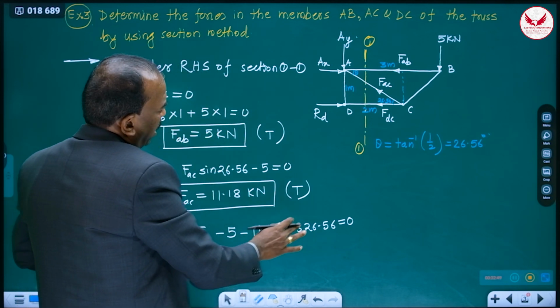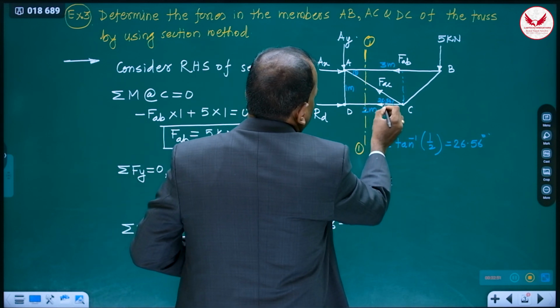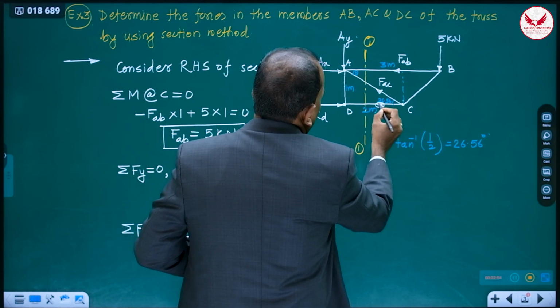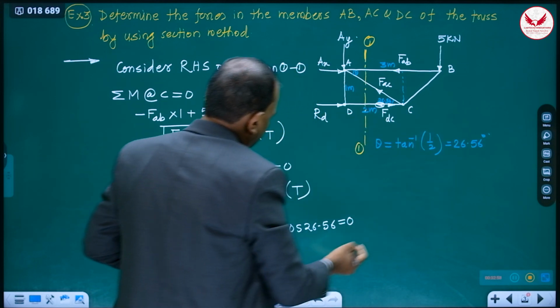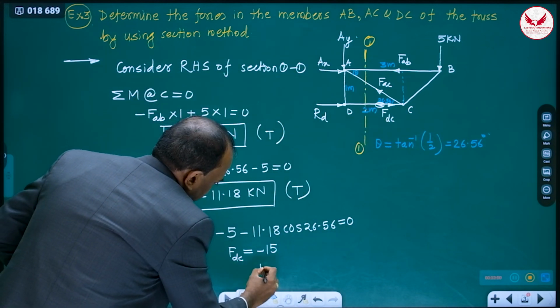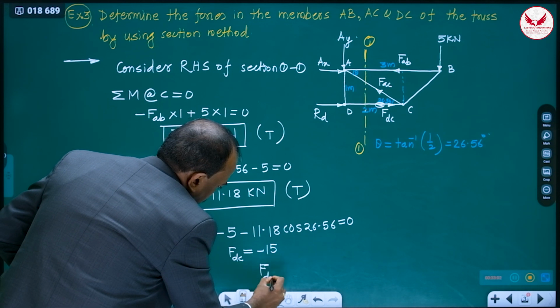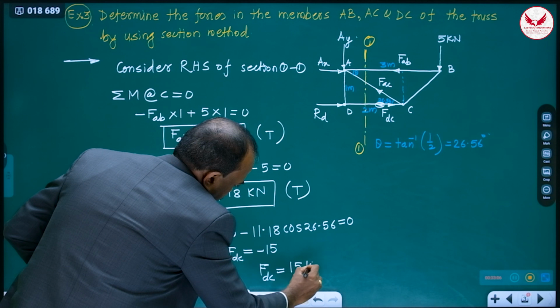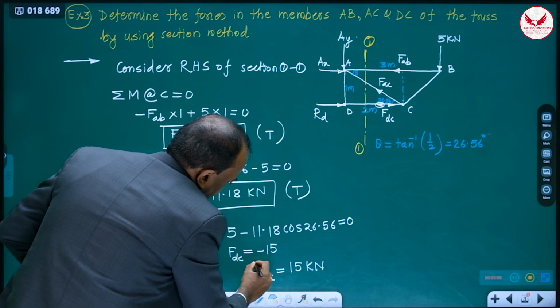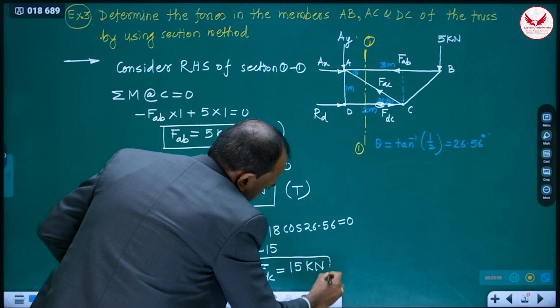Don't do anything over here. We only have to change this direction. Encircle it, it is wrong. And the correct new direction will be towards C. And this DC, you can write 15 kilonewton.